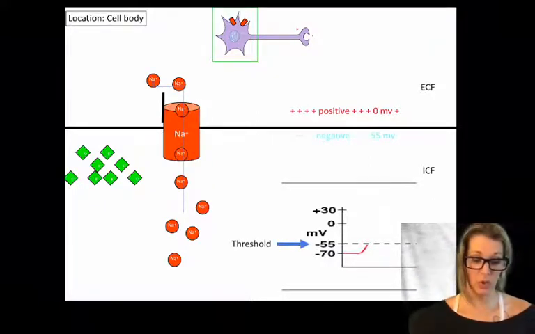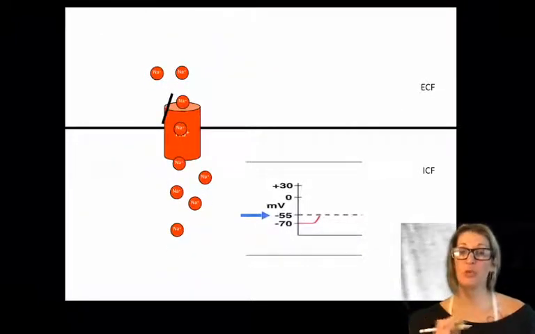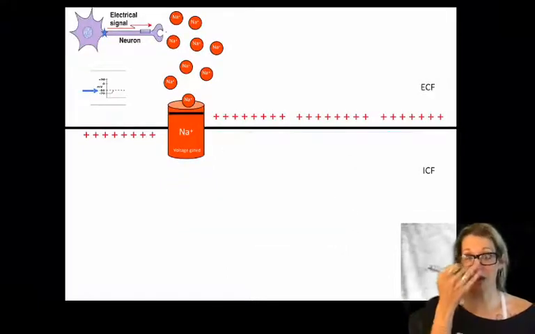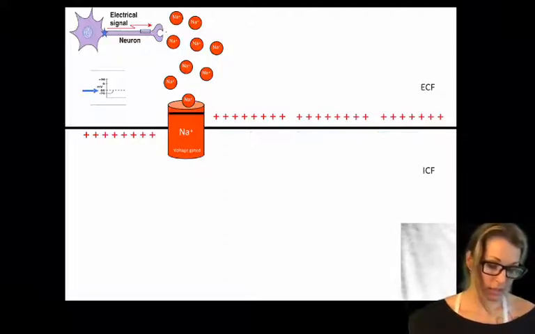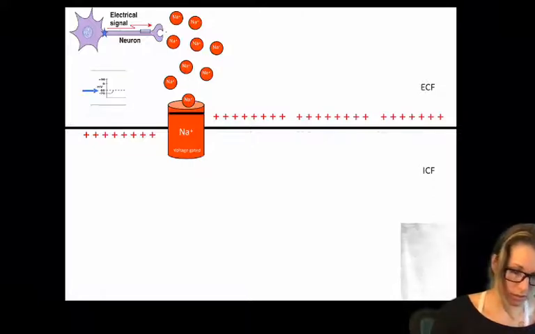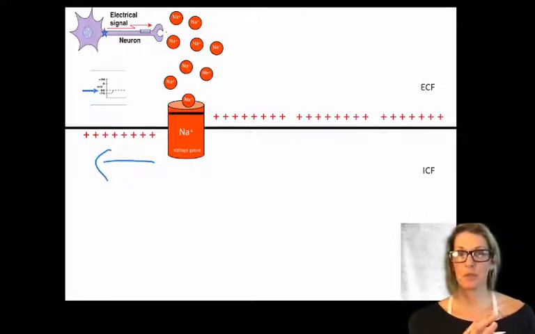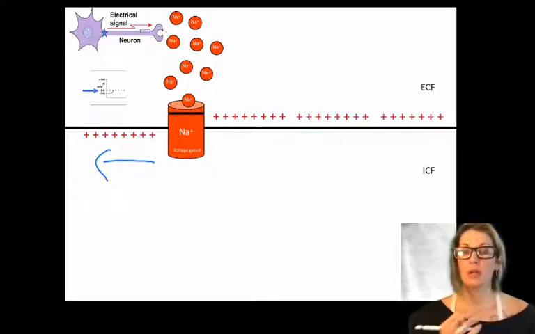We've reached threshold because we have sodium flooding into the cell. Now we're going to move down. Remember, if we're going to reach threshold, that has to be at the axon hillock. So at the axon hillock, that would be indicated by this area, the area indicated by the arrow.